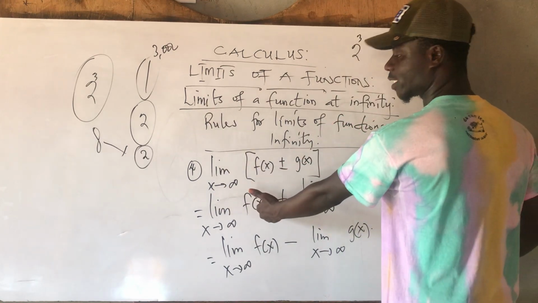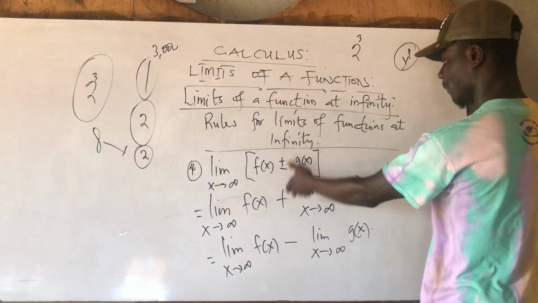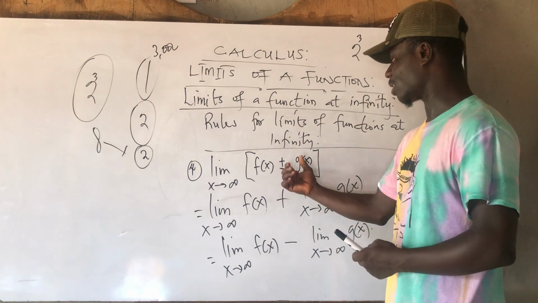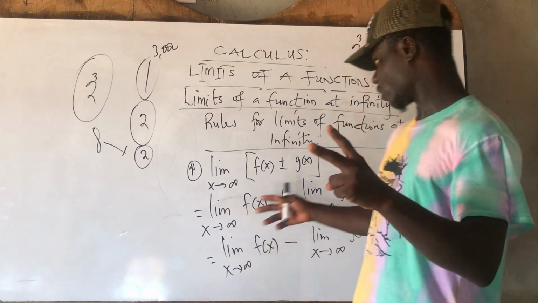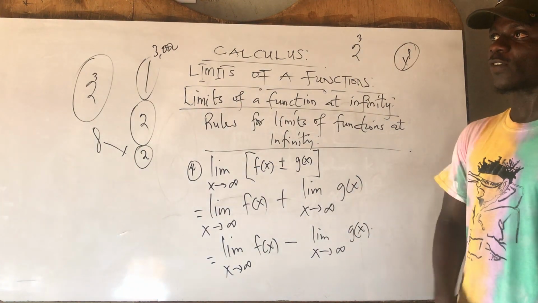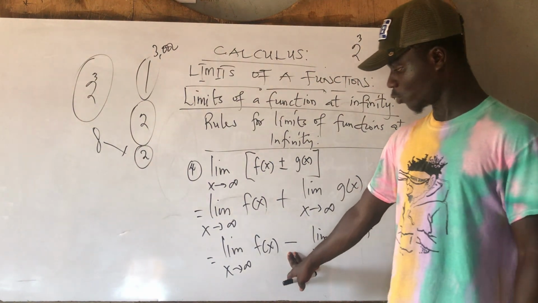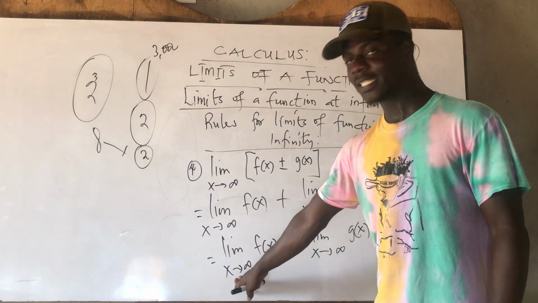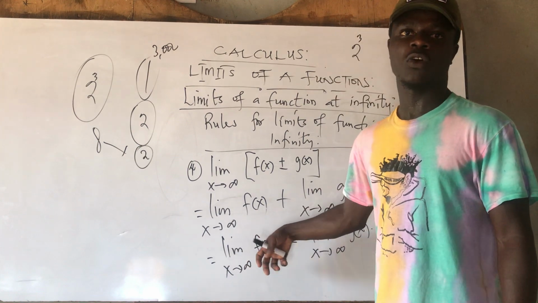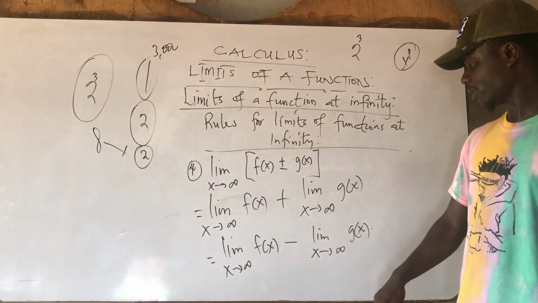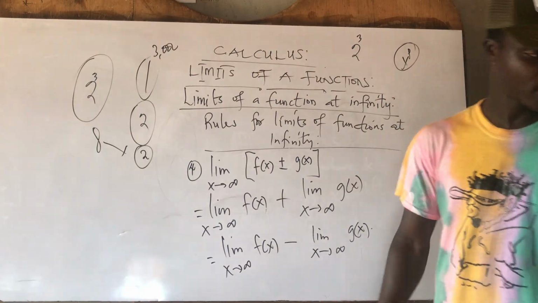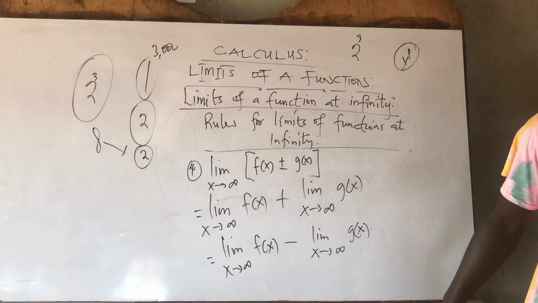As the limit of f of x as x approaches infinity, plus the limit as x approaches infinity of g of x. Then the negative aspect: the limit as x approaches infinity of f of x minus the limit as x approaches infinity of g of x. So that's Rule 4.